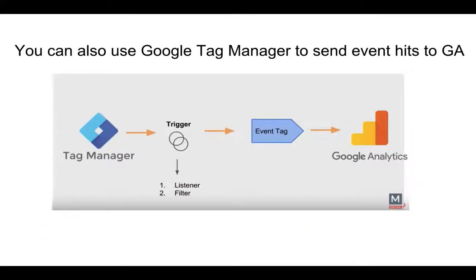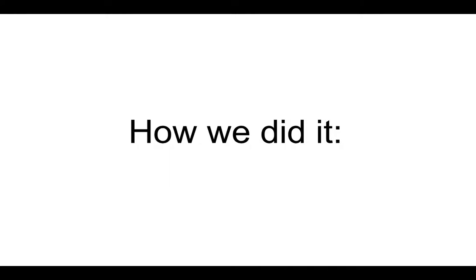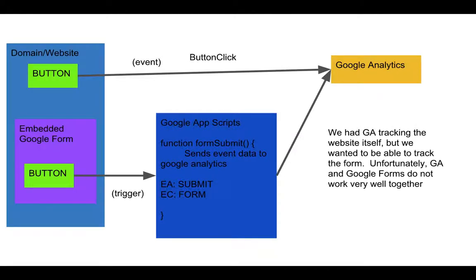You can also use Google Tag Manager to send event hits to Google Analytics, but we did not really do that. We did it a different way. So once we had our tracking ID embedded into our site, there was a button on our website that was already being tracked automatically by Google Analytics, so we didn't have to do any customization for that.